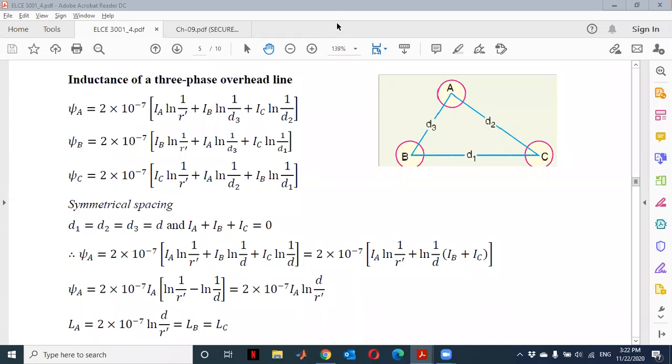What is the issue of having asymmetrical spacing in transmission line conductors?